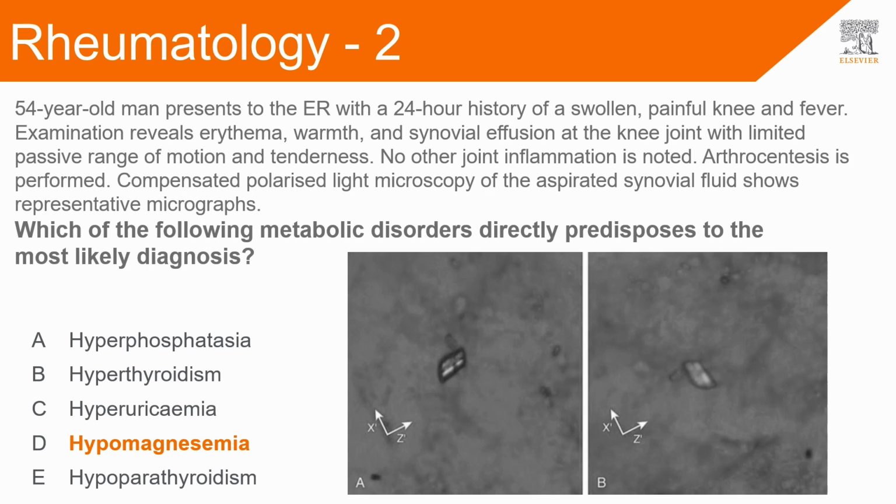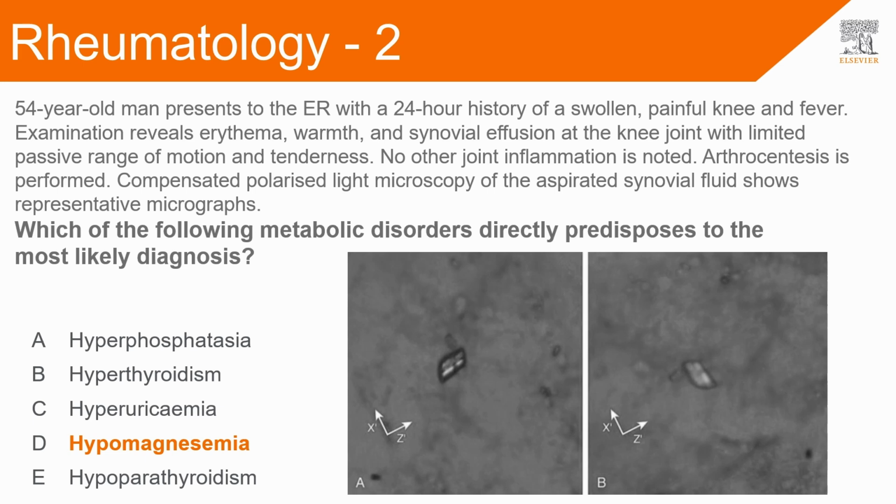It is actually hyperparathyroidism, not hypoparathyroidism, that's associated with the increased risk of pseudogout, because hyperparathyroidism leads to elevated serum calcium levels, which can contribute to CPPD crystal formation. Conversely, hypoparathyroidism results in hypocalcemia and hyperphosphatemia, which is not directly linked to pseudogout.